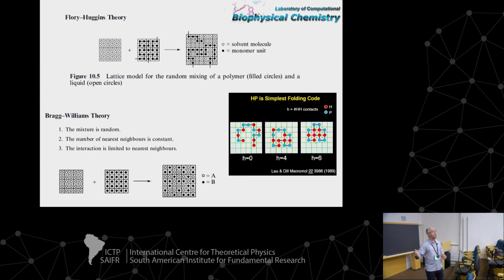Which happens also to be some kind of evolution of another model that we have in colloidal science called the Bragg-Williams theory. Essentially, you mix 2 types of chemicals, you assume that they have the same size, they only have very short interactions, just neighbor interactions, and of course, there is no interaction between the first particle and the last one here, just the first layer, and you define a parameter that's going to give the interaction, and you sample your system.